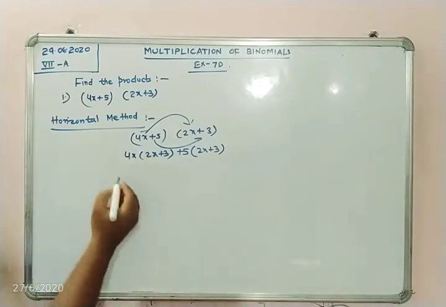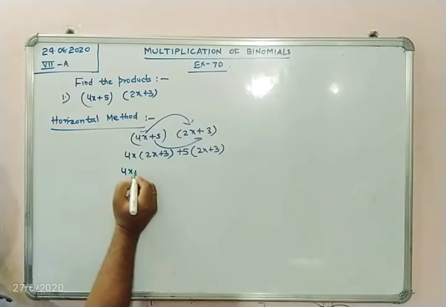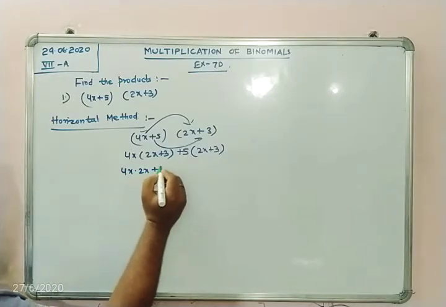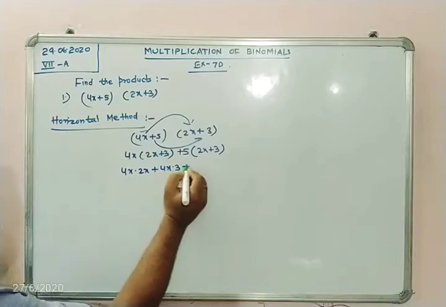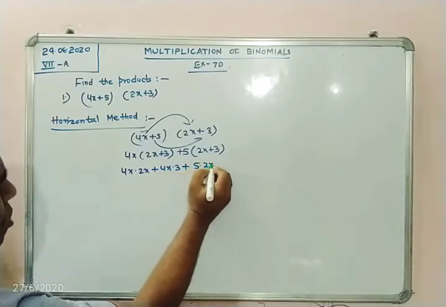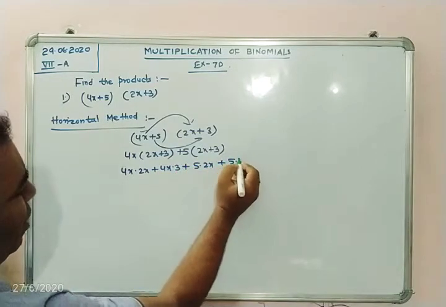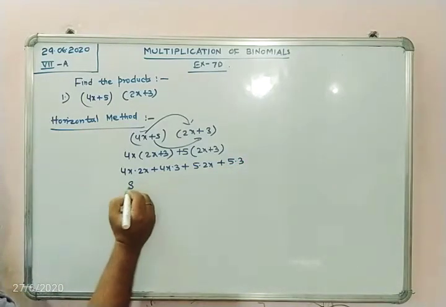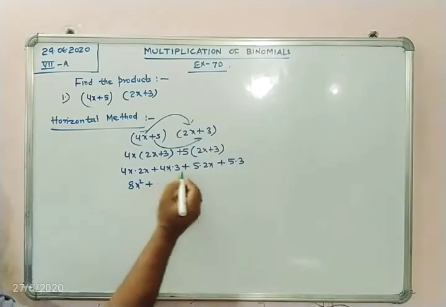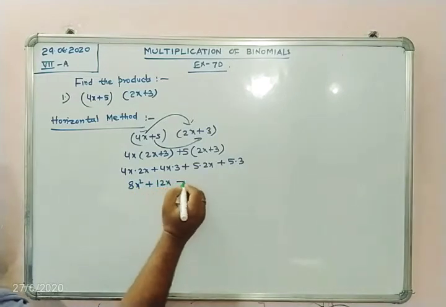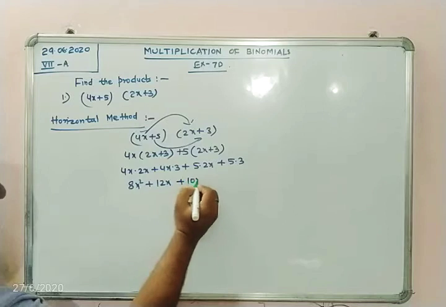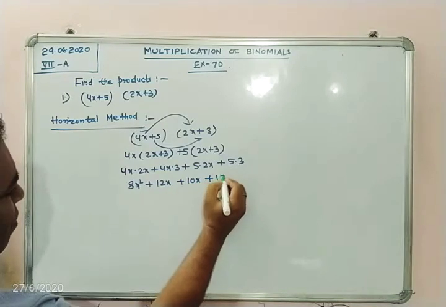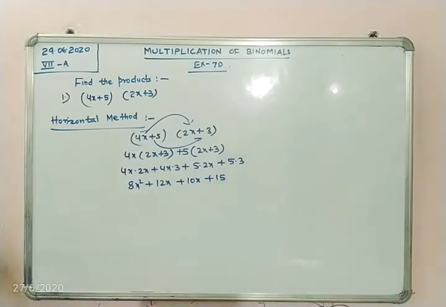Now, as we know the multiplication, 4x into 2x plus 4x into 3 plus 5 into 2x plus 5 into 3. So 4 times 2 is 8x², 4 times 3 is 12x, plus 5 times 2 is 10x, plus 5 times 3 is 15.